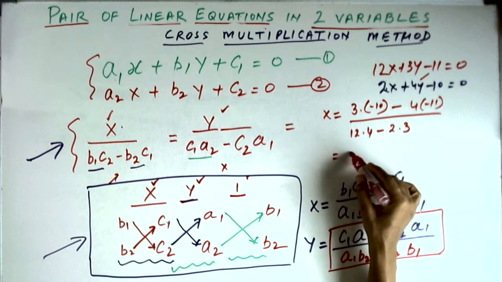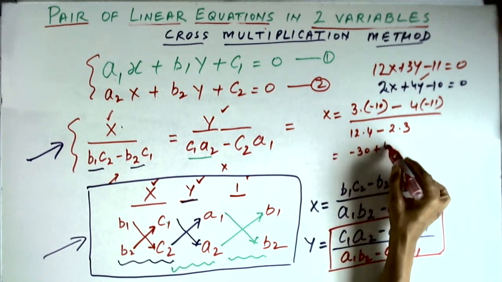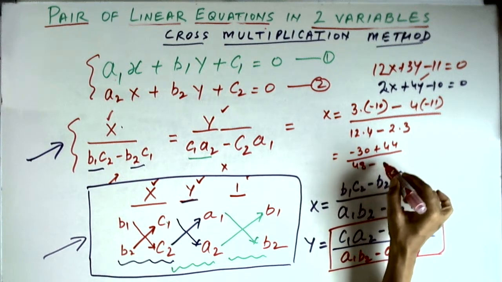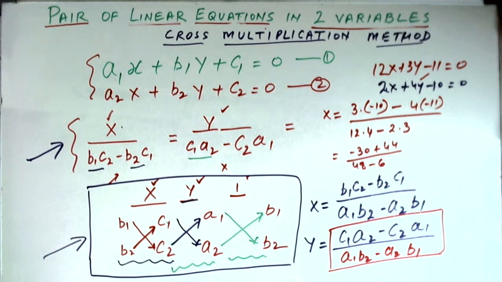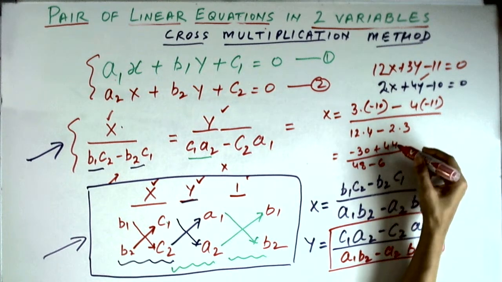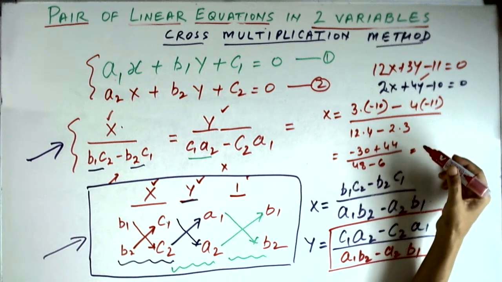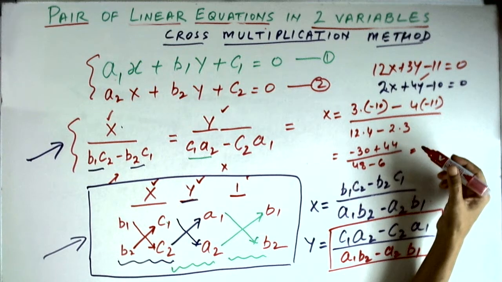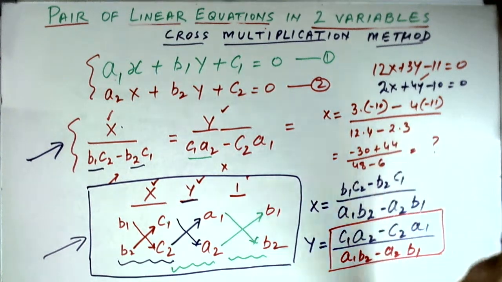So this will become minus 30 plus 44 divided by 48 minus 6. This way we get 44 in the numerator.